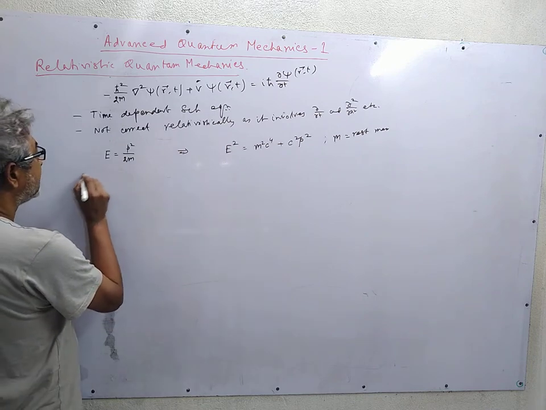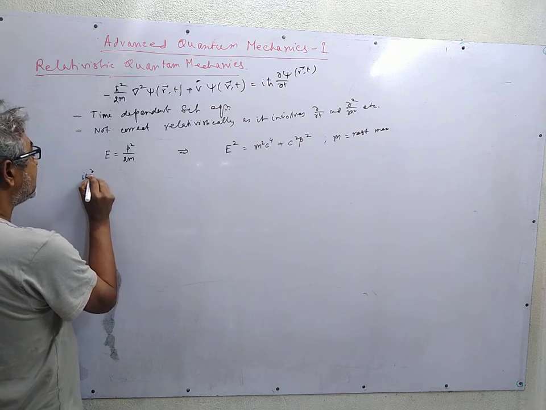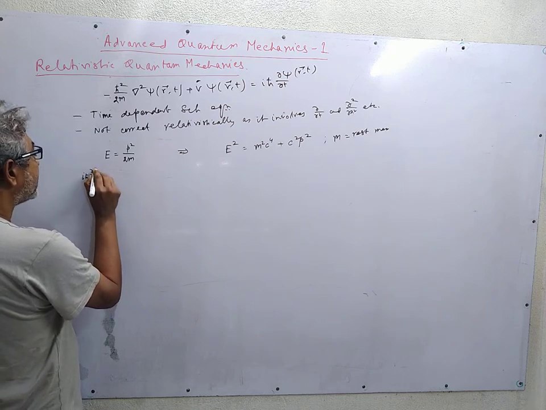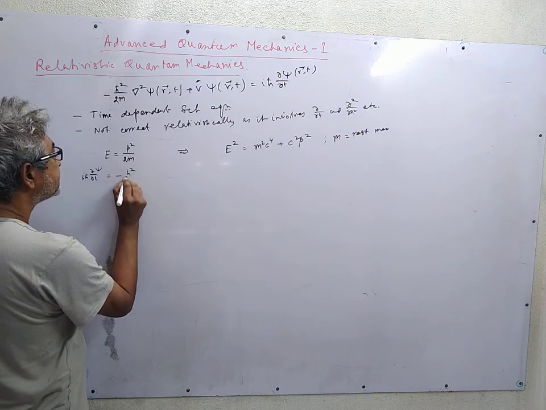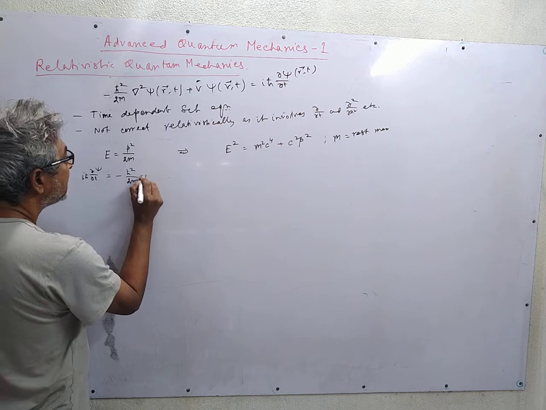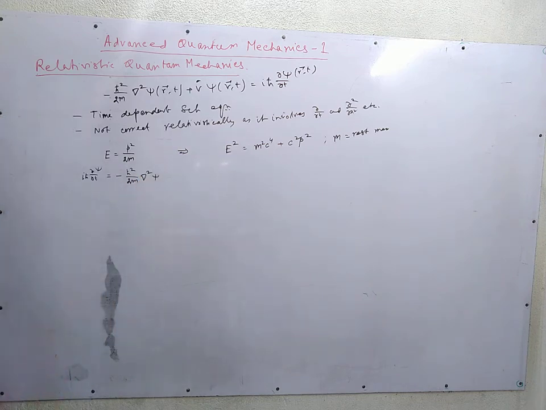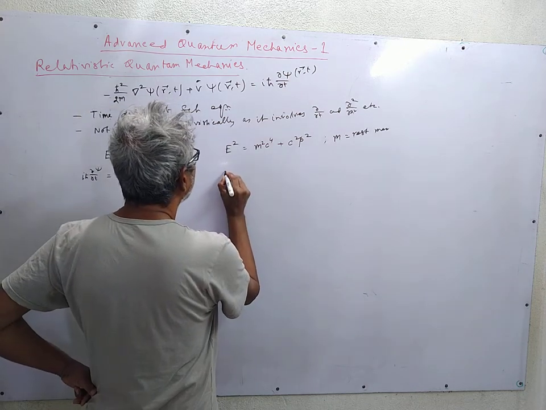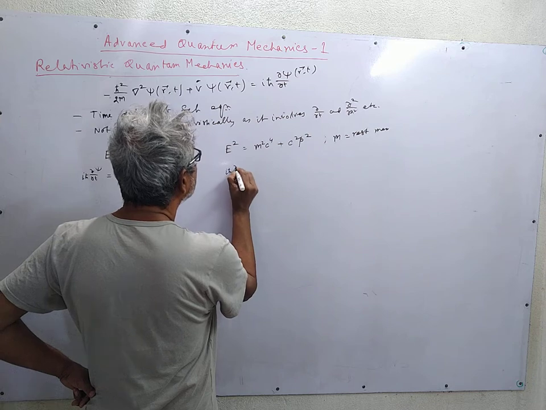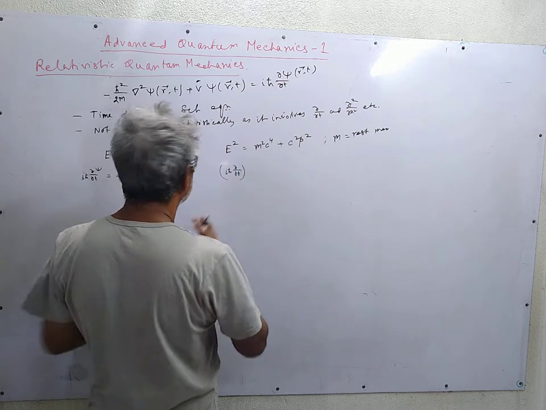So we did it: i h cross del t operating on psi is equal to minus h cross square by twice m nabla square operating on psi. This is the Schrödinger equation for a free particle. Here we also do the same thing. We write i h cross del t for the E operator.